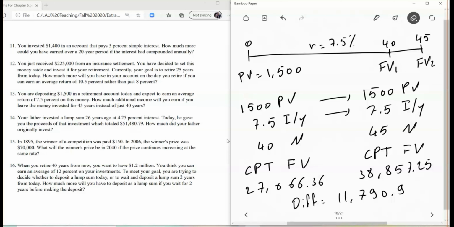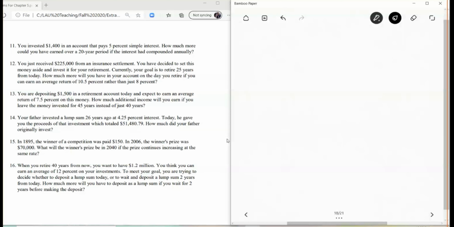Number 14. Your father invested a lump sum 26 years ago at 4.25% interest. So here we have an investment that was made 26 years ago.